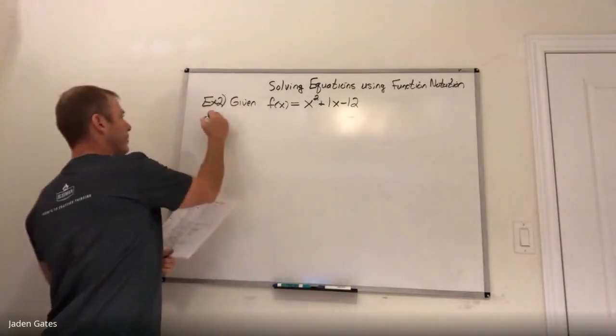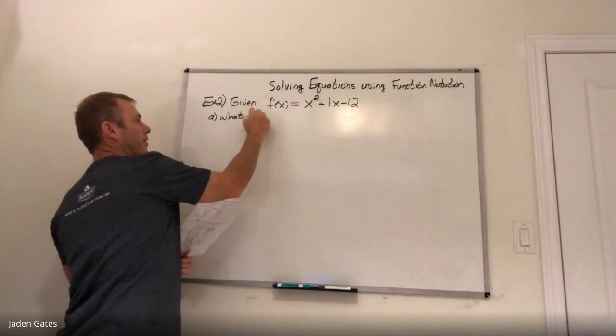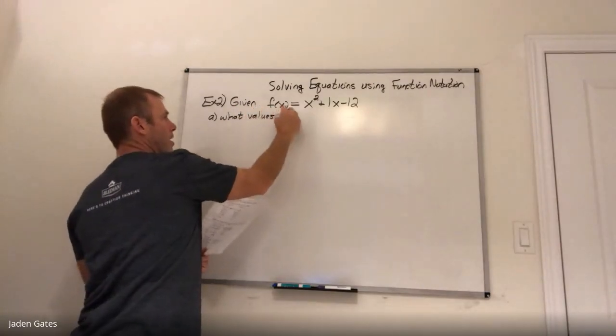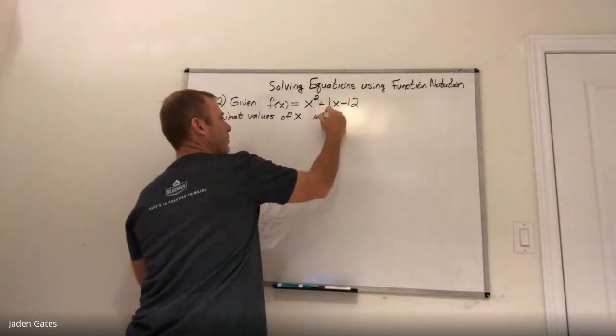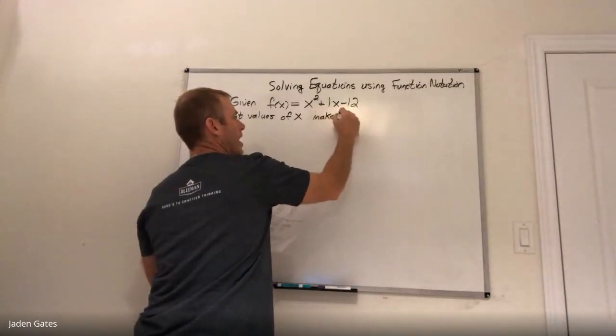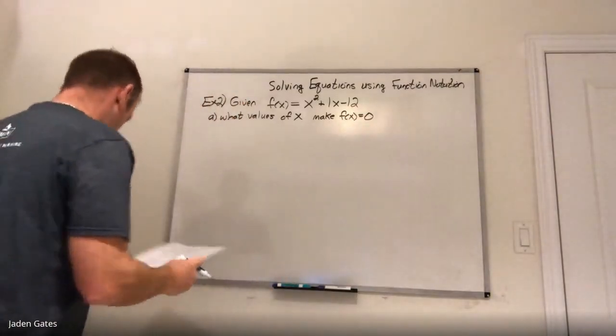A: what values of x make f of x equal to 0? All right, so there we go.